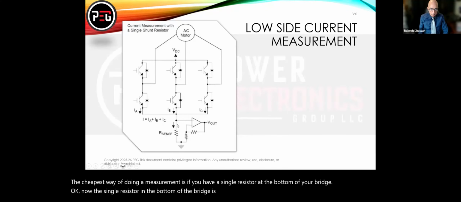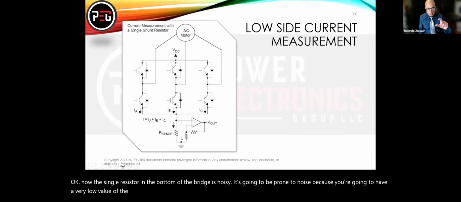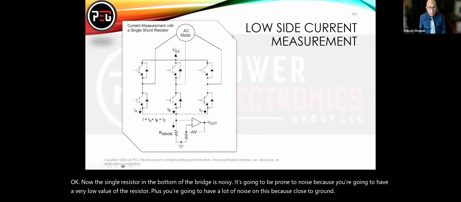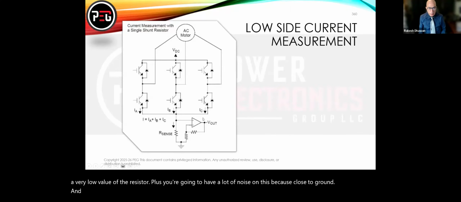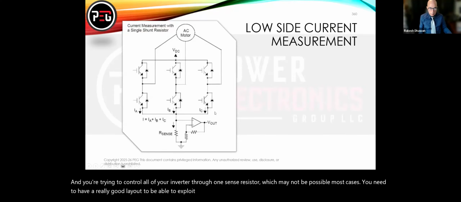It's prone to noise because you're going to have a very low value for the resistor. Plus, you're going to have a lot of noise on this because it's close to ground, and you're trying to control all of your inverter through one sense resistor, which may not be possible. In most cases, you need a really good layout to exploit this properly.